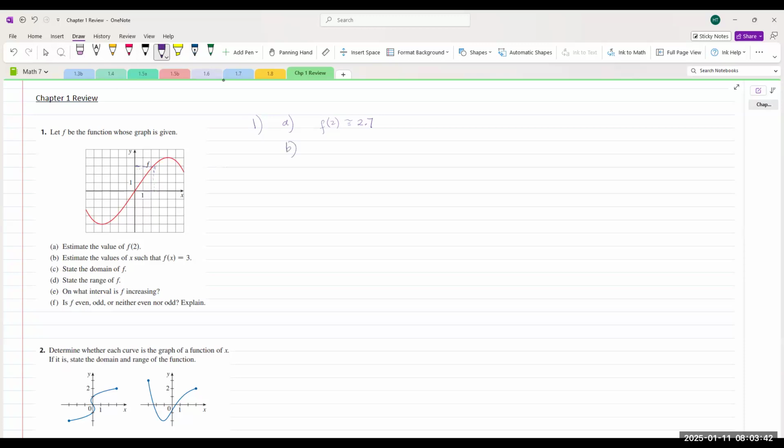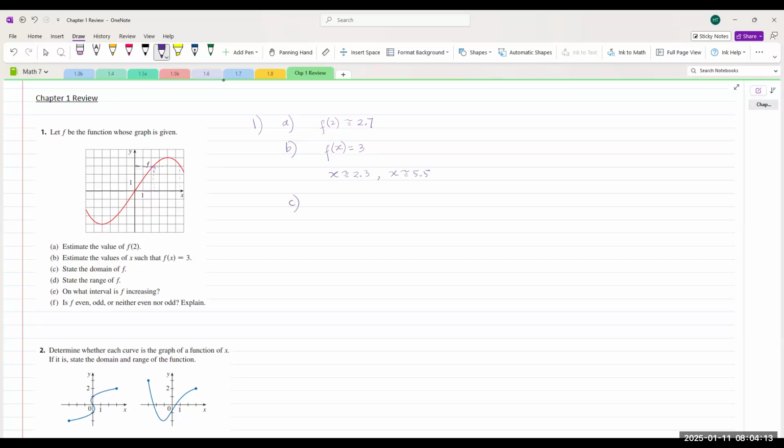So if y equals 3, x is approximately 2.3. Actually, there's one more somewhere around here. Somewhere around there. So 1, 2, 3, 4, 5, approximately 5.5. Right? Now that's because the graph is given, so we use the graph to do the estimation.